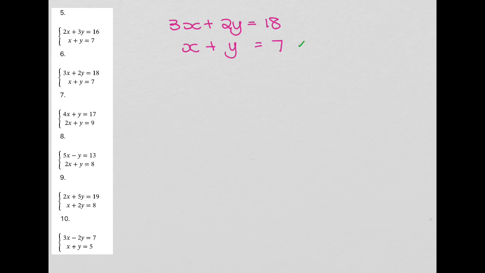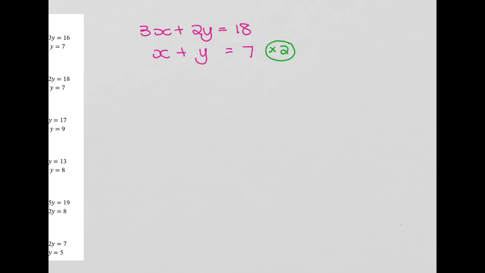So I'm going to take this bottom equation and multiply by 2, because if I do that, the y's will match. So my top equation is still 3x plus 2y equals 18, but my bottom equation will now be 2x plus 2y equals 14.